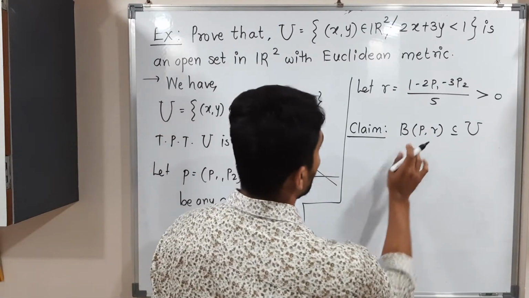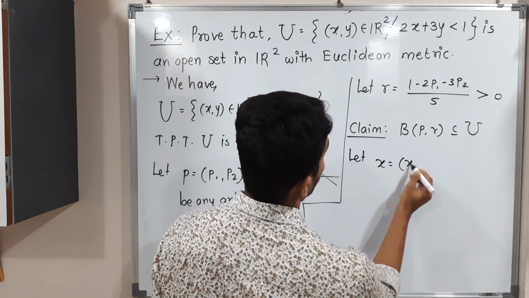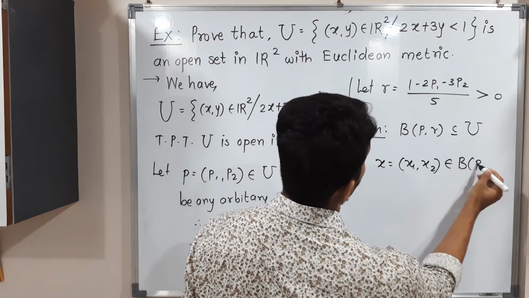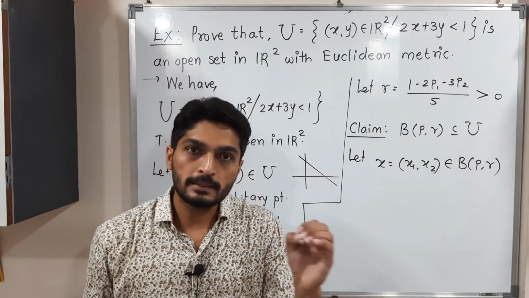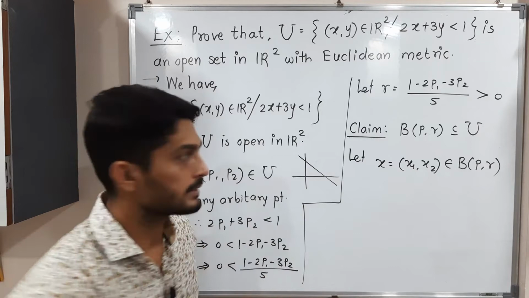So let us take one point from it. Let x equal to (x1, x2) belongs to that open ball with center P and radius R. This point lies in the ball, that means the distance of the point from the center is less than the radius.